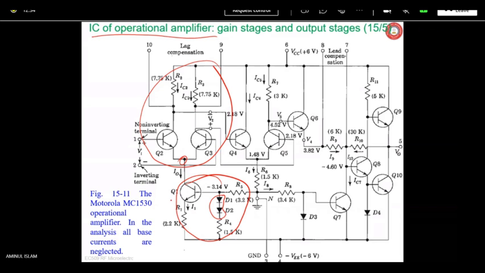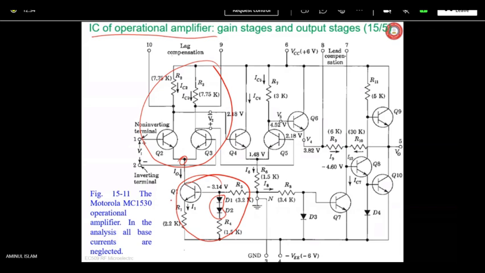Whatever we have discussed at the beginning, its input resistance should be high impedance, and output impedance should be very less or closer to 0. Gain should be as high as possible. Common mode rejection ratio should be as high as possible or infinite, but it is not possible because you have the definite common mode gain.